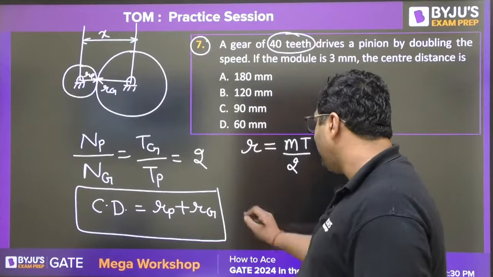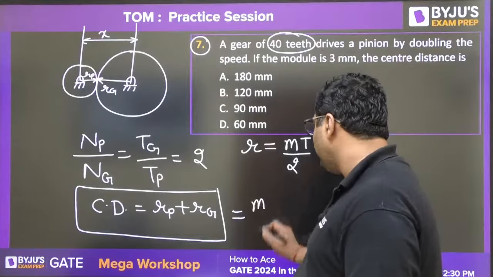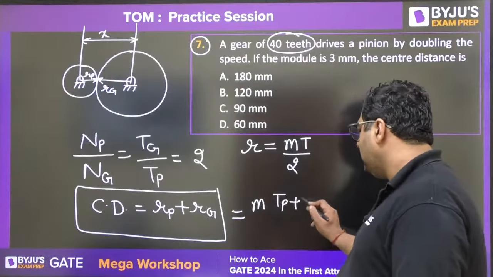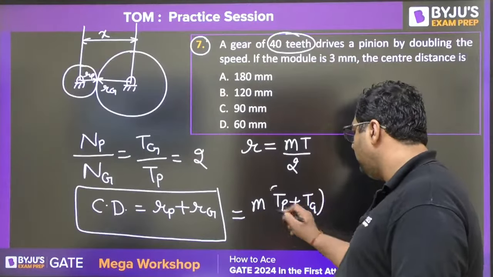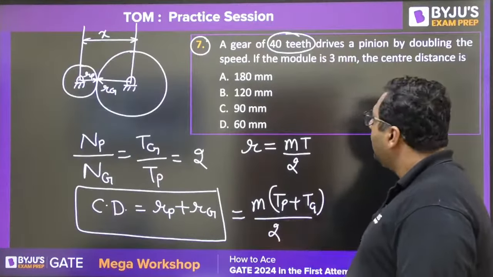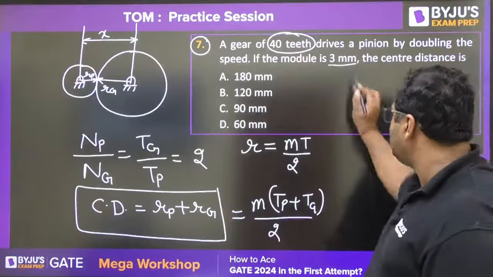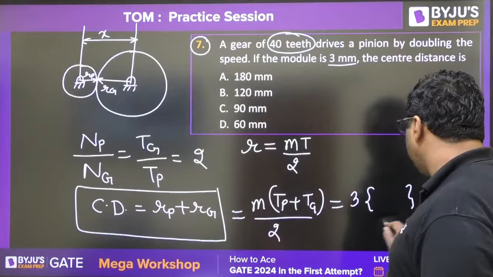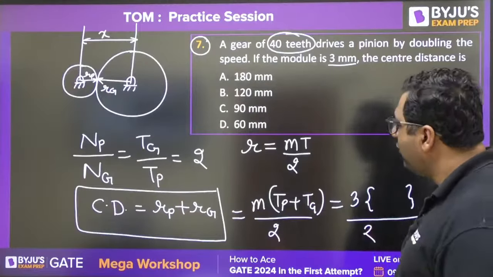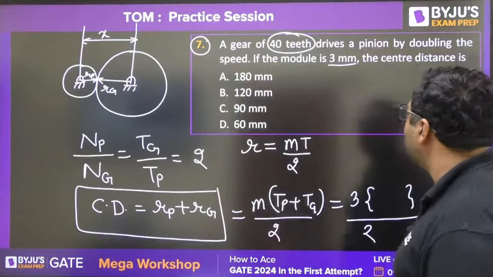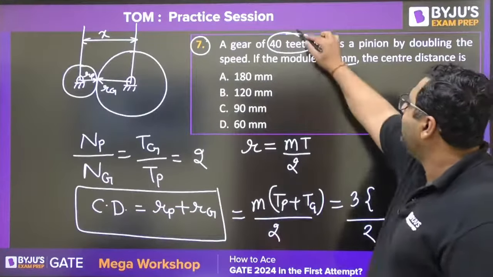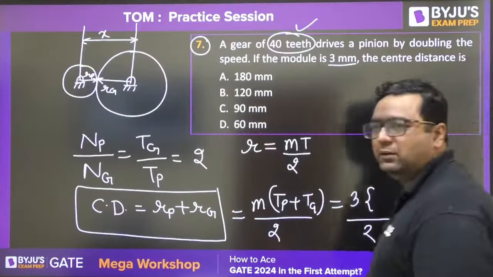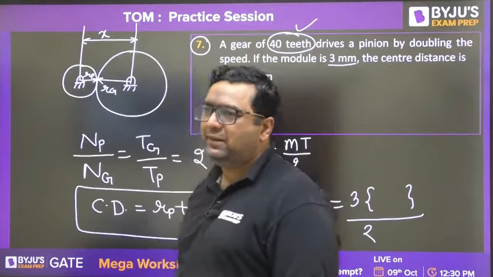So you will write it as module times number of teeth in pinion plus teeth in gear by 2. It is mentioned module is 3 mm. 3 times number of teeth by 2. Number of teeth, you can see TG is 2 times TP and this is 40. So the answer will be 90.